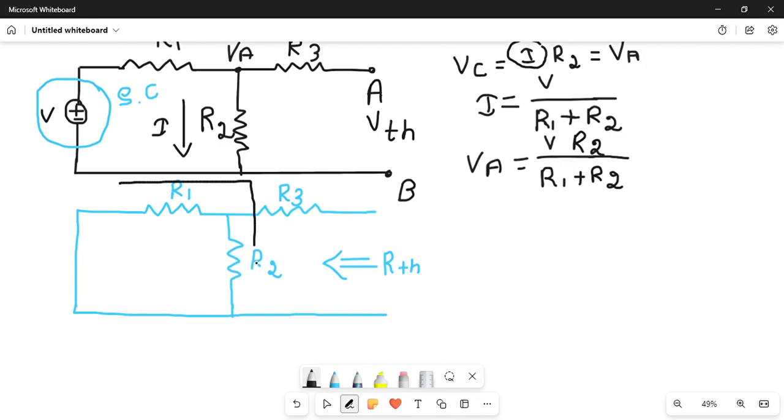So my RTH is equal to R1 parallel to R2, plus R3.